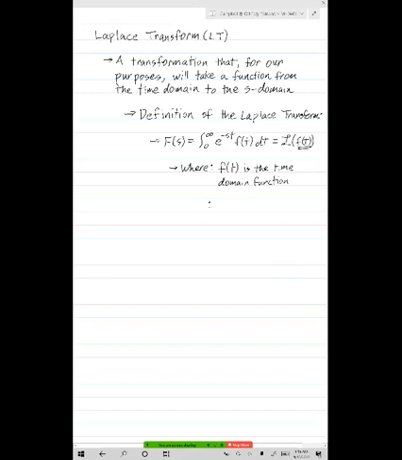And F of s is the equivalent S domain or frequency domain function.